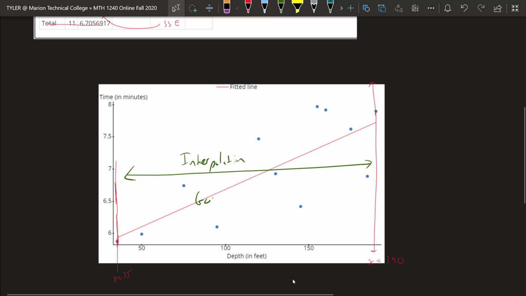So that's good. Right? If you're outside, in other words, if you're using the model to predict something like an x value bigger than 190 or smaller than 35, then if you're going on these outsides, that's referred to as extrapolation.